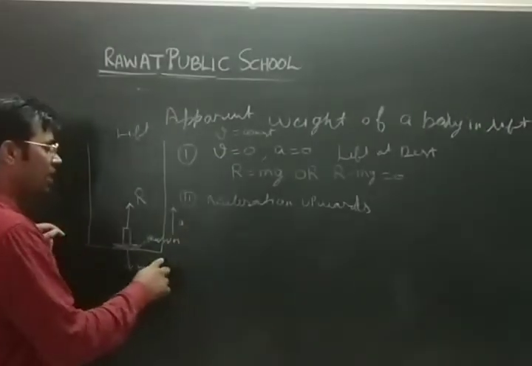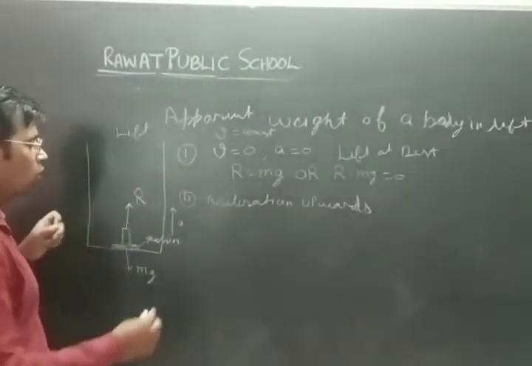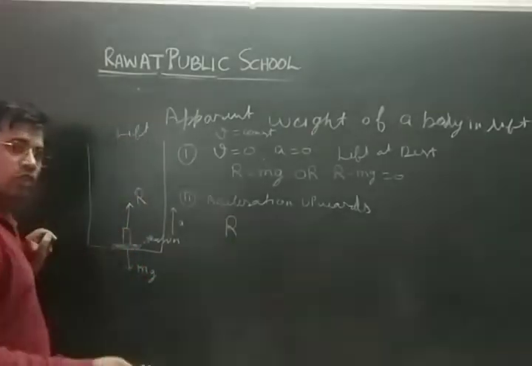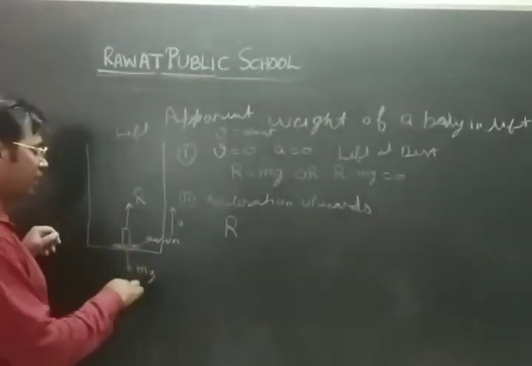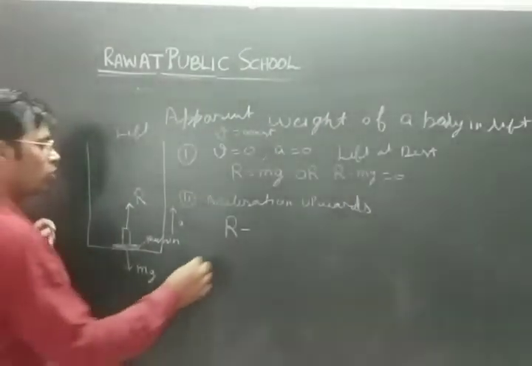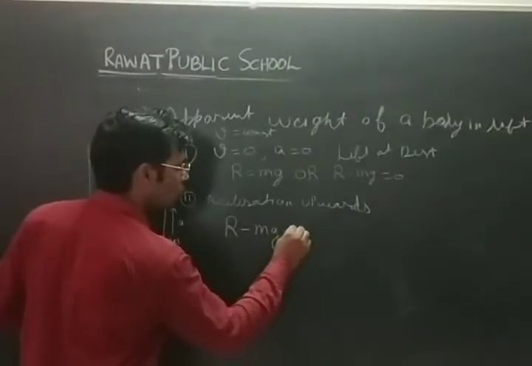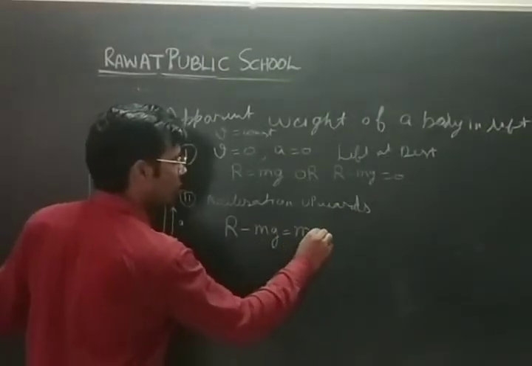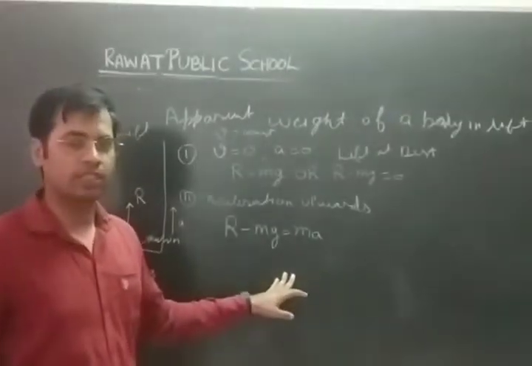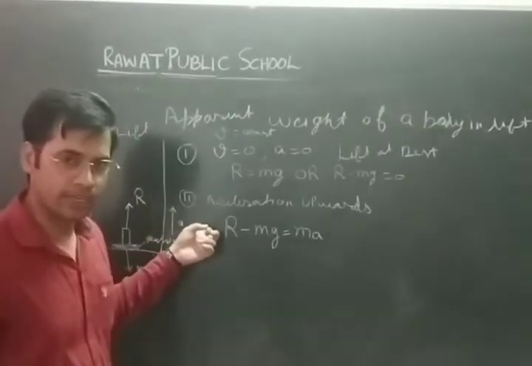You can see in this diagram, acceleration is taking place in the direction of R. So we take R as maximum and the opposite force will be subtracted from this R. Here the opposite force is mg. So we subtract mg and this is equal to ma. This is the method of writing the expression for this object when the lift is moving in the upward direction.